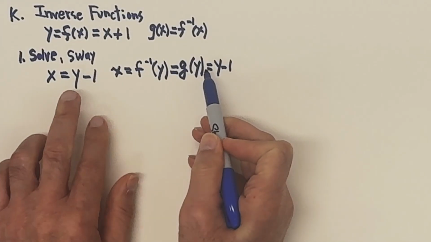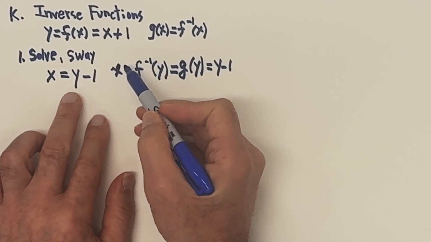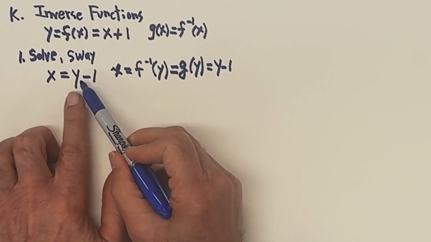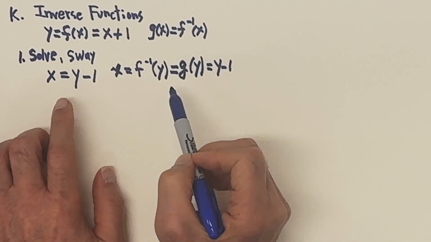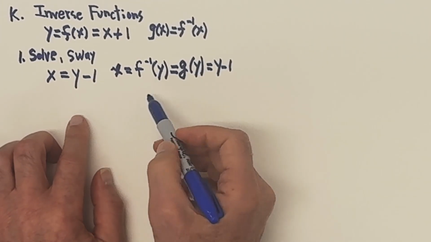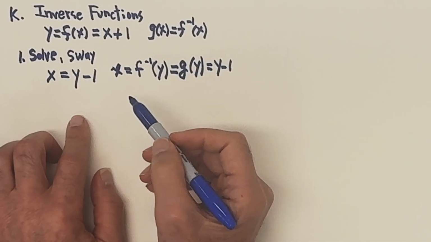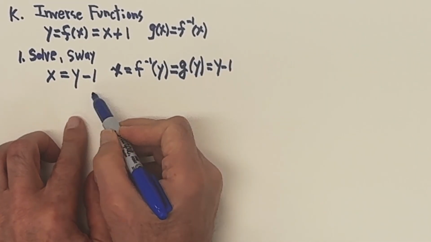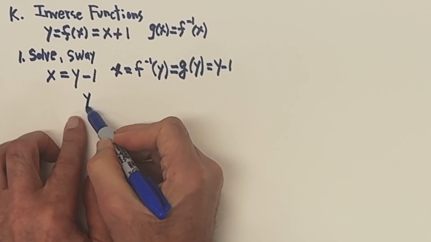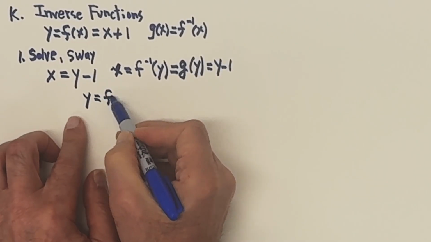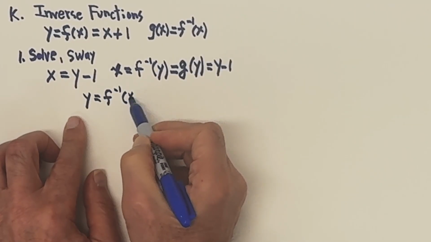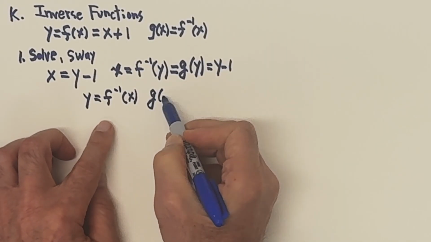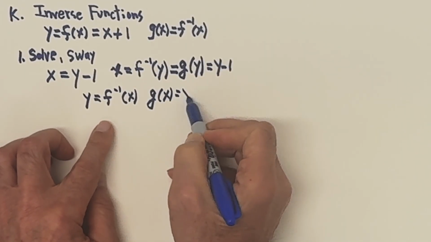So this is very, very clear when you do it this way. You give me a y, and I'll give you back what the x is. But then to put it in standard form, where you have some function of x, we then just simply swap x and y, and we have then y is the inverse function of x, and g of x equals x minus 1.